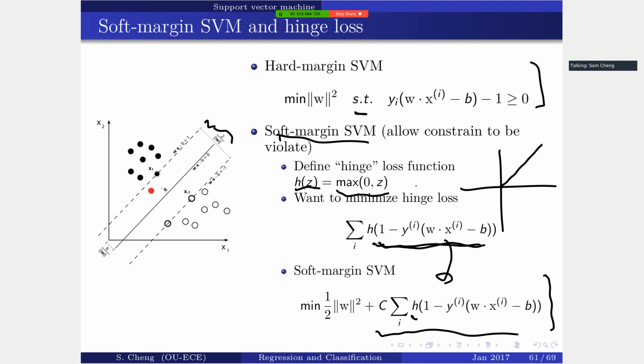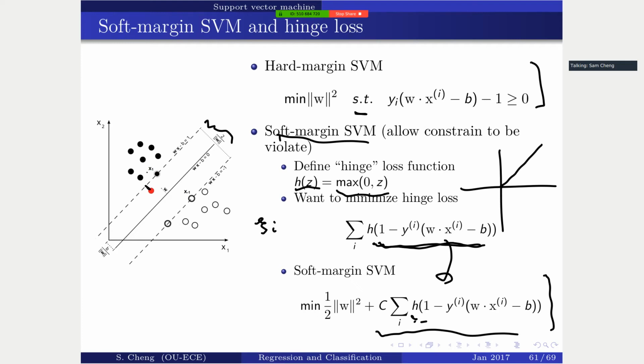I will introduce a dummy variable, ci. Basically ci will be the penalty for each of these points. For example, for this red one, ci will be this, and for the others, ci will be equal to 0.